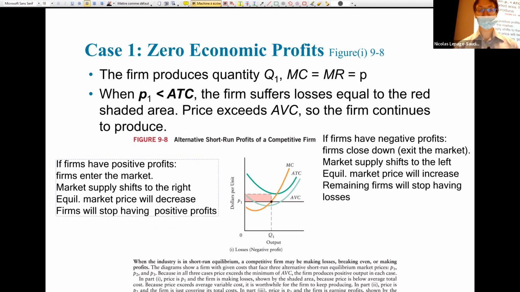So what do we make of these two stories? So what is the stable situation? If nothing changes in the very long run, what should be the firm's profits? Zero.